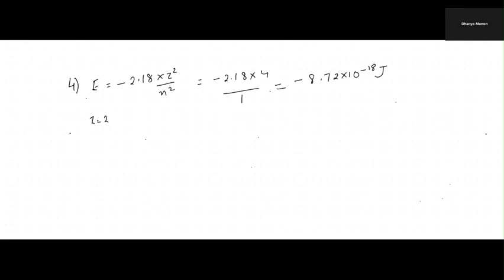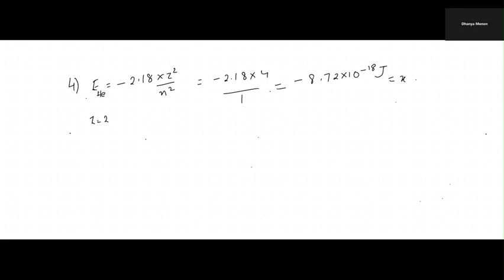Okay, and they said this value is represented by X. So this is for helium.